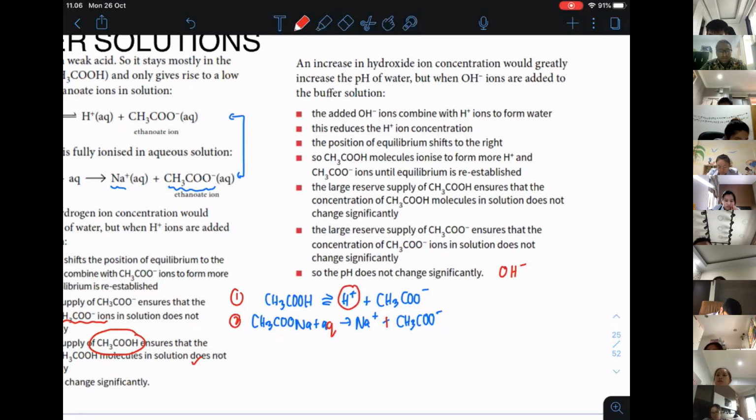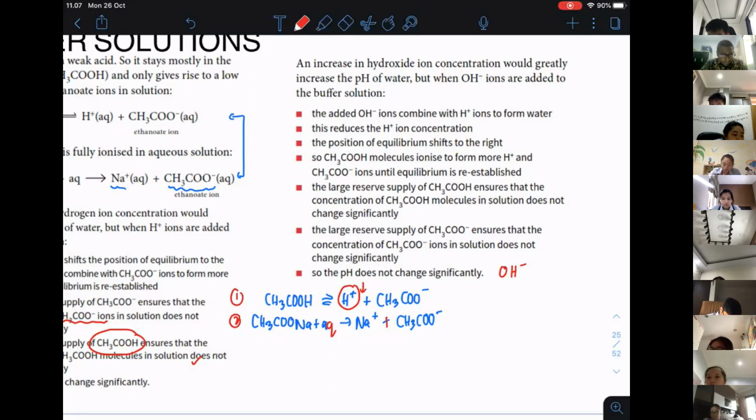But I want to know what happens to the position of the equilibrium now. The H plus decreases. Yes, because the OH is being added, of course the H plus is going to react with the OH minus, so the H plus will decrease, right?